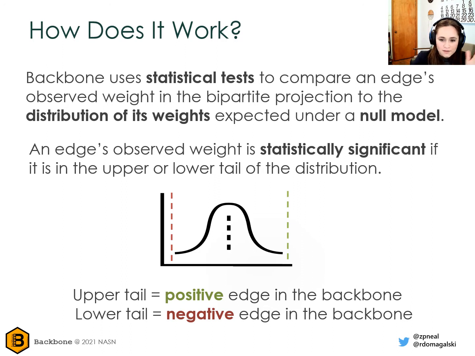So think back to if you're considering like a normal looking graph, if the observed weight you got in your projection was way up here in the upper tail, then we're going to consider that a positive edge in the backbone. For instance, two senators sponsored way more bills than we would expect them to at random. And the opposite for the lower tail. If that value was significantly less than we'd expect, then we're going to consider it a negative edge in our backbone.